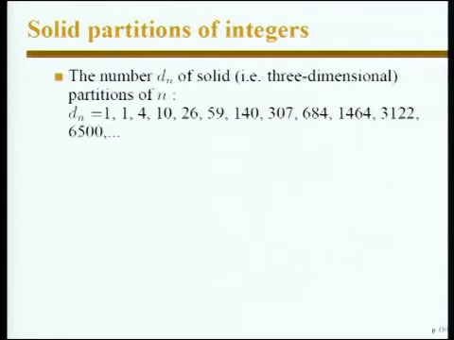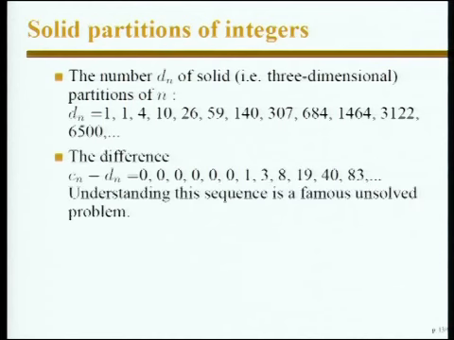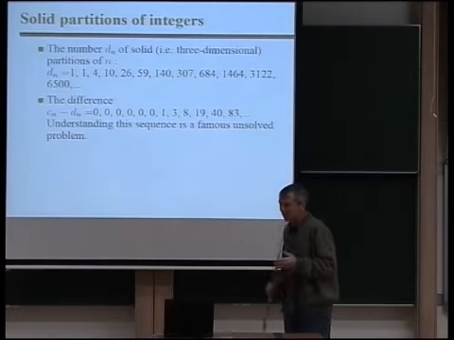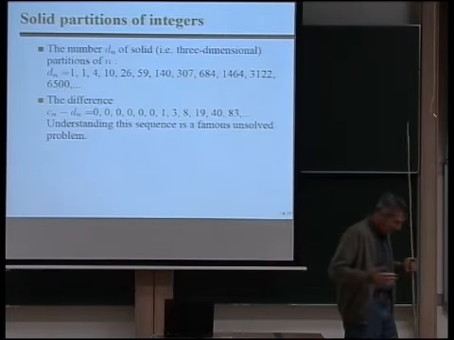And so this is the number of how many solid partitions there are, again for the integer n. And as you see, the 2 sequences start very much in a similar way, but then they start to diverge.